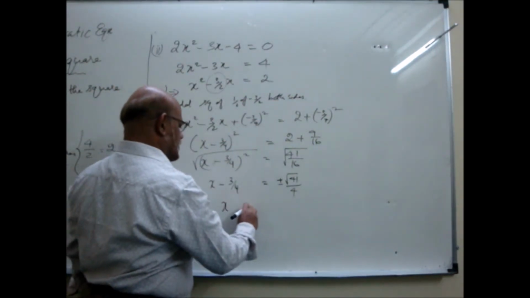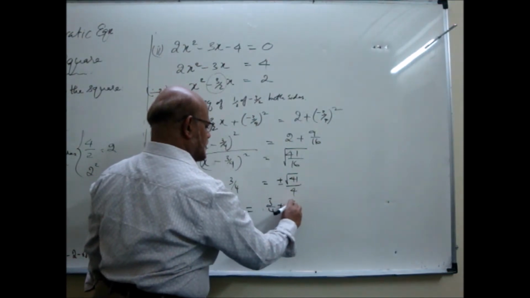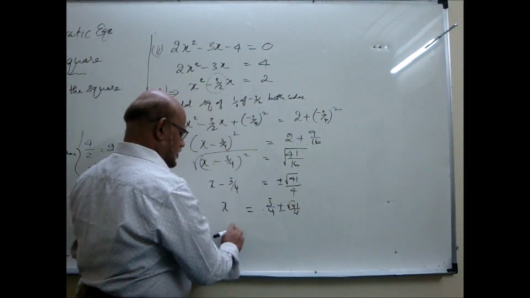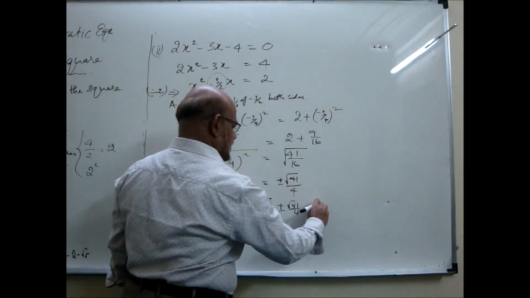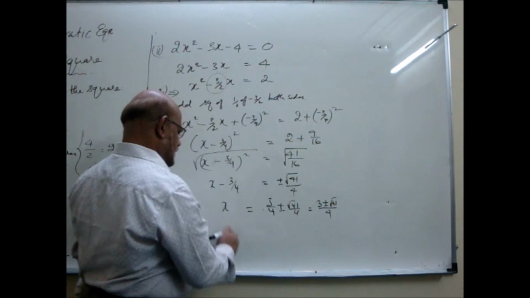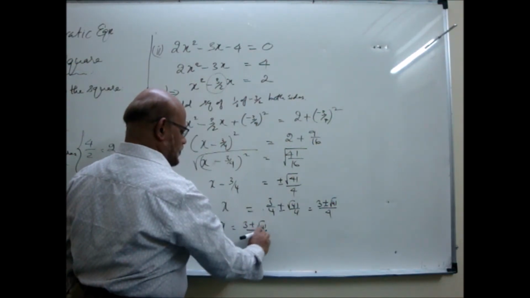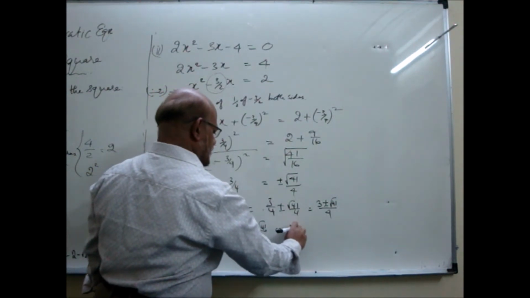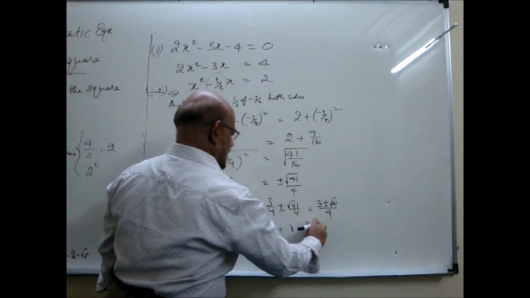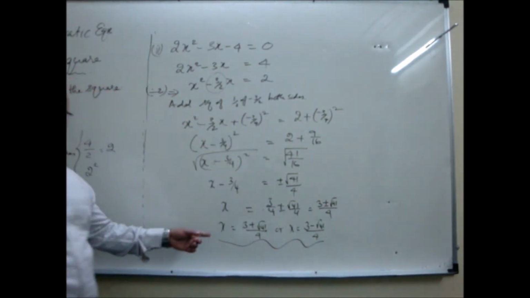So x is equal to 3 by 4 plus or minus root of 41 by 4. So it is nothing but 3 plus or minus root of 41 by 4. I get x is equal to 3 plus root 41 by 4, or x is equal to 3 minus root 41 by 4. Like that, two values of x you obtain.